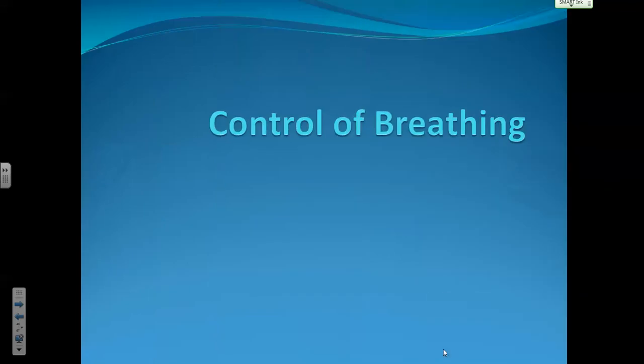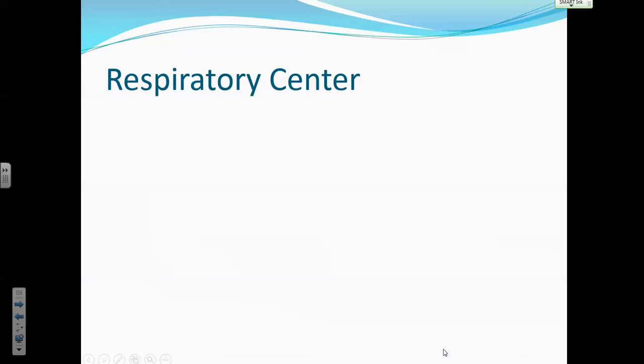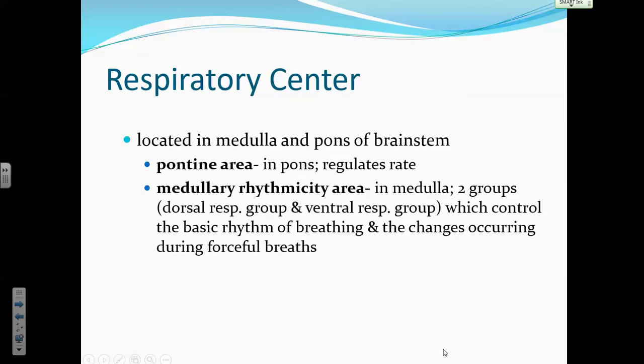So, all right. Now we're going to look at your nervous system and how it controls your breathing, your depth and your rate of breathing. And that's through an area in your central nervous system called the respiratory center. It's in two places. Part of it is in the pons of the brainstem, and part is in the medulla oblongata.